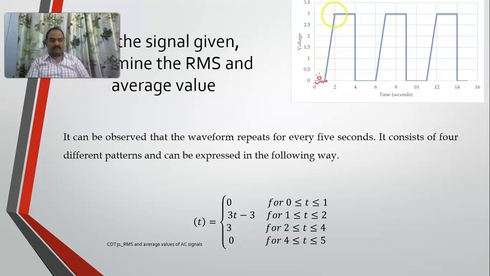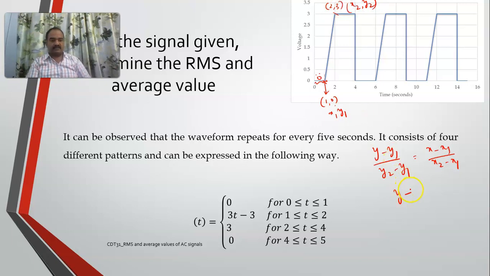From 1 to 2 seconds, it is a straight line, right? So the 2 points of the straight line, one is (1, 0), the other one is (2, 3). So what is the straight line joining the 2 points? (y minus y1) by (y2 minus y1) is equal to (x minus x1) by (x2 minus x1). I'll take this one as (x1, y1) and this as (x2, y2).